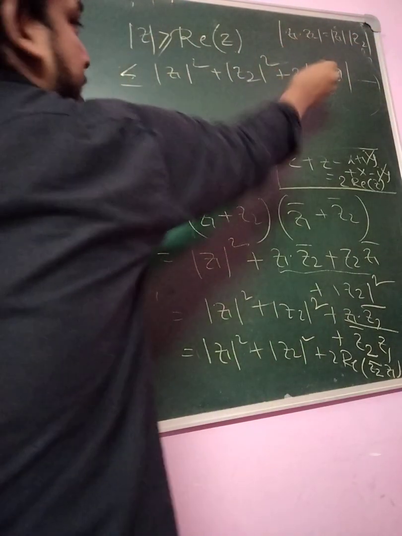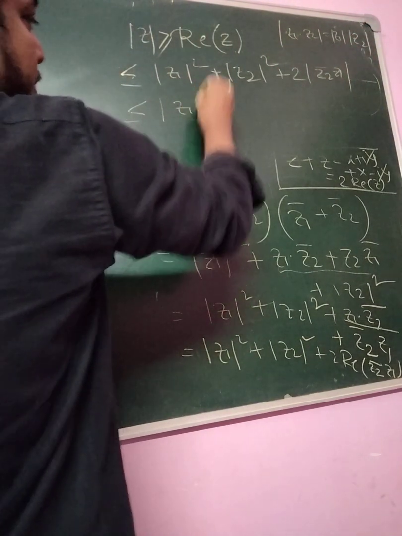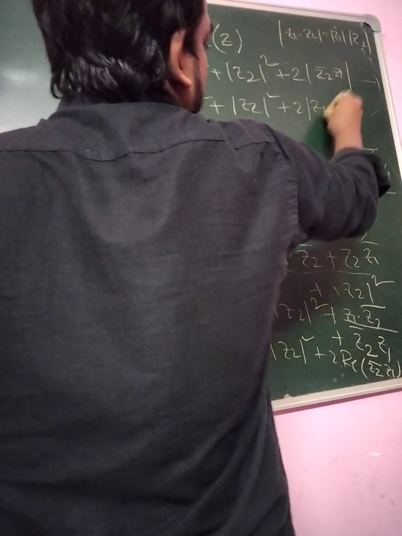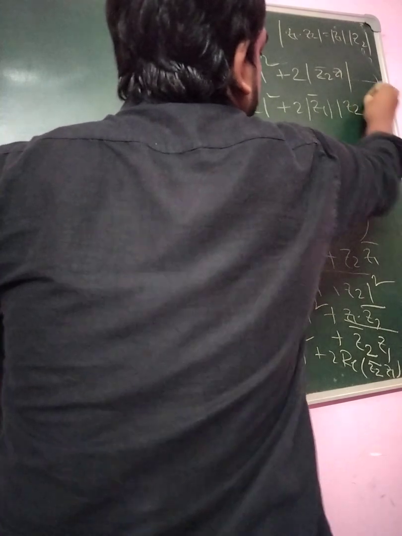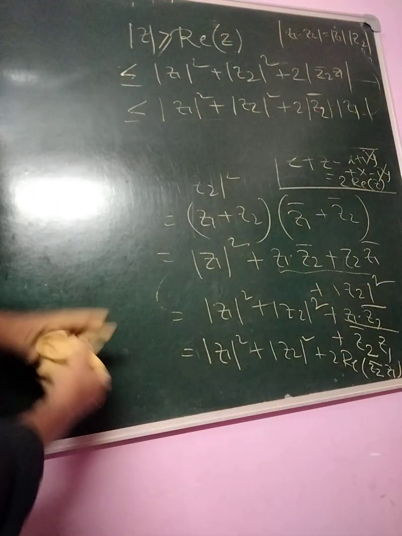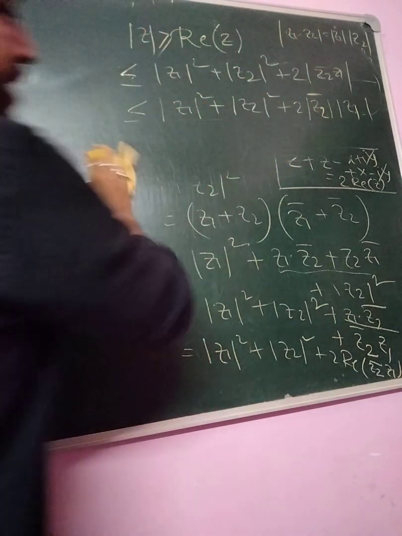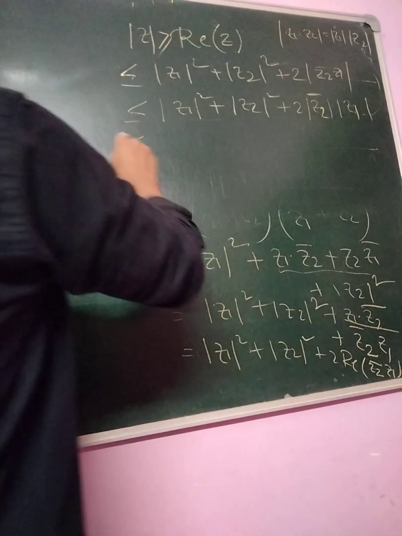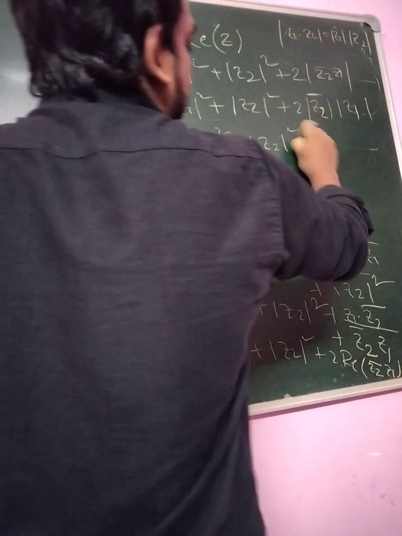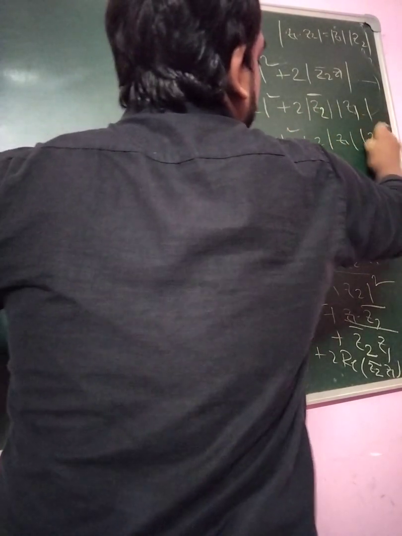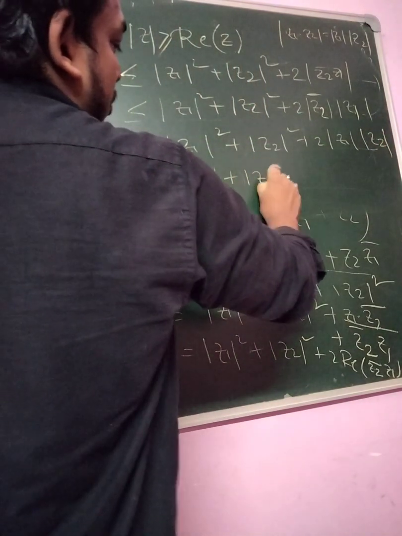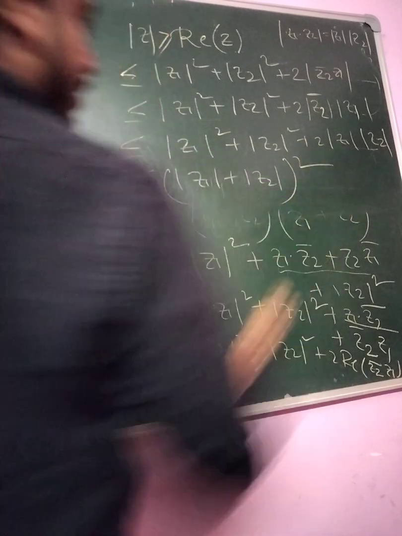We apply this rule here, so you get mod z1 square plus mod z2 square plus 2 times mod z1 bar into mod z2 bar into z1. So we know that mod z bar is again mod z, so just put the value, this is less than or equal to mod z1 square plus mod z2 square plus 2 times mod z1 into mod z2. So this is mod of z1 plus mod of z2 whole square.